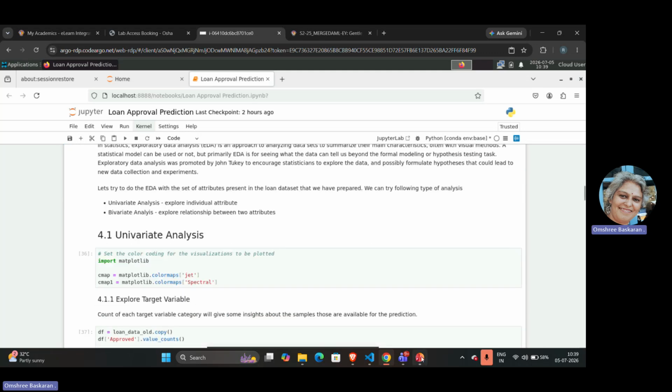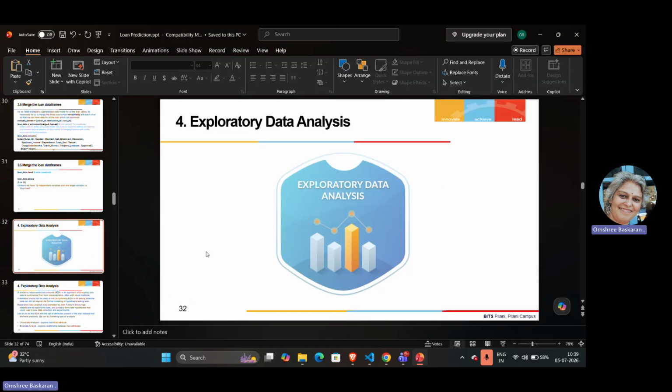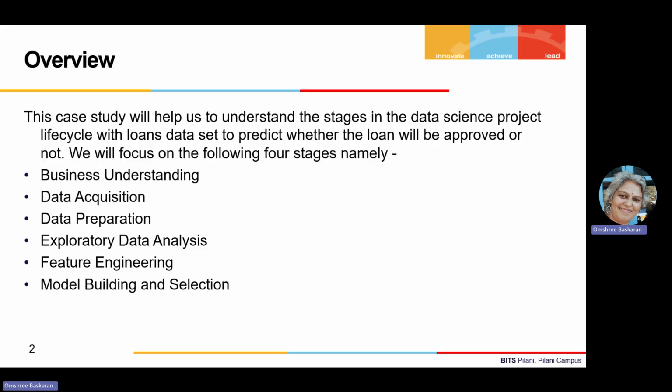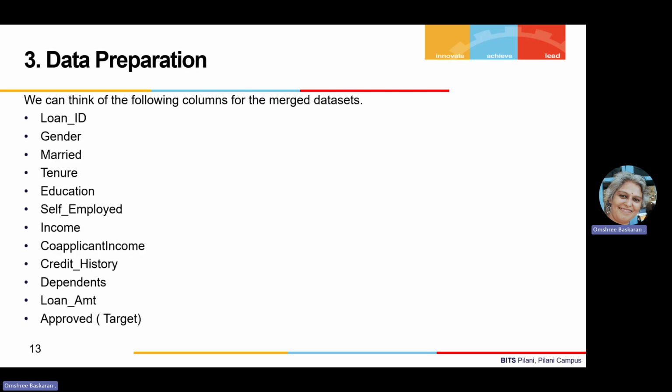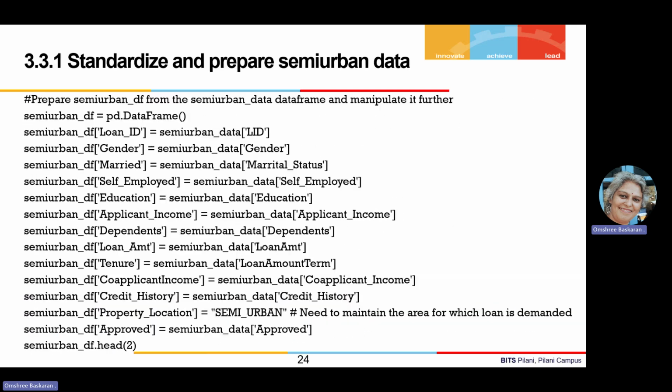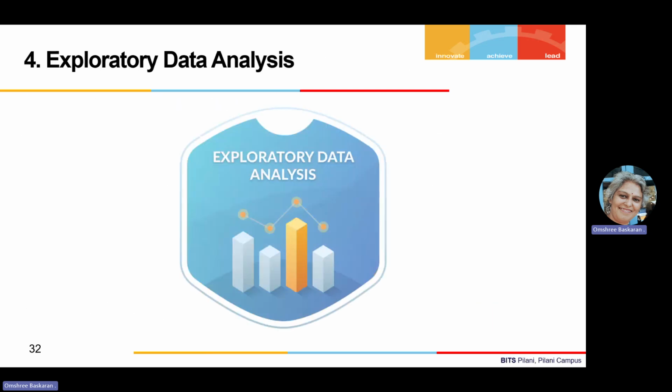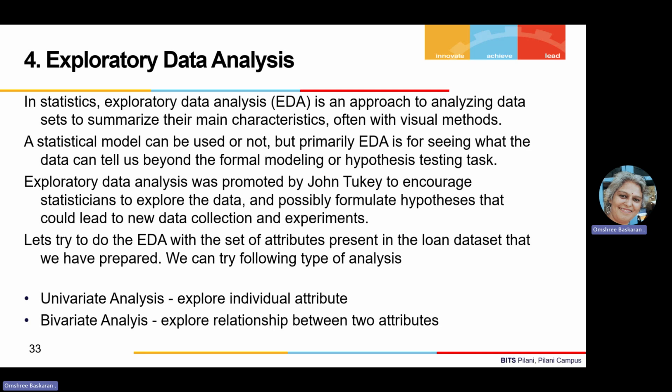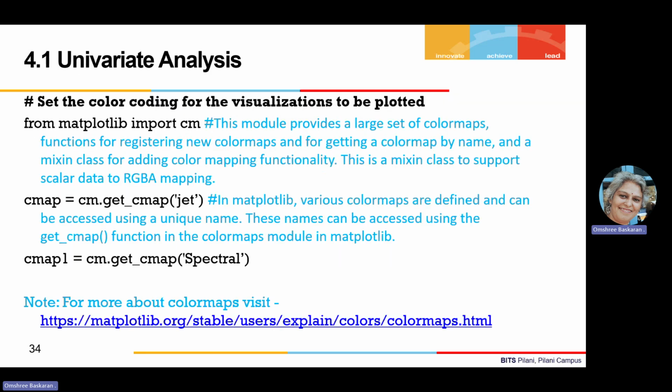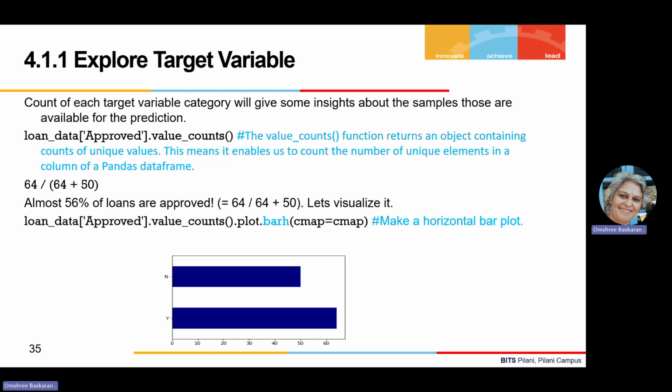Now comes the EDA part. In EDA, what are we doing? Similar to what we checked out in the previous session, when we discussed EDA elaborately, we talk about univariate analysis, bivariate analysis, right? Just setting up some colors. Then now we are exploring the target value, right?